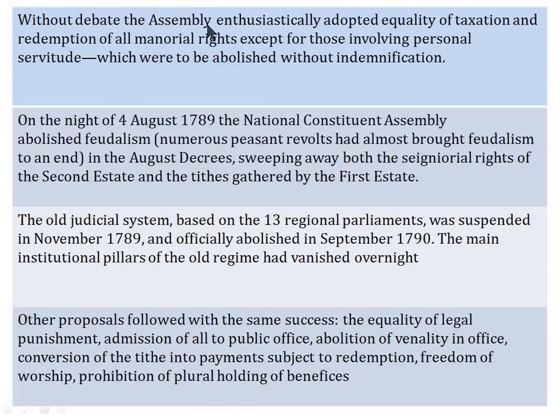Without debate, the assembly adopted something and did something with the rights of people, and something else was also abolished, and they have also abolished something in this. They abolished feudalism in this, and here also they abolished something. So this will be the first sentence because of the timeline and the name of the assembly.